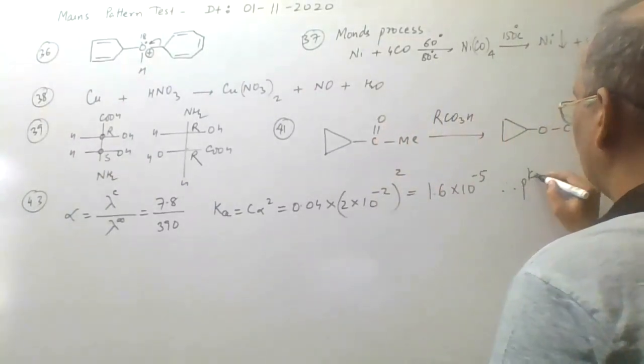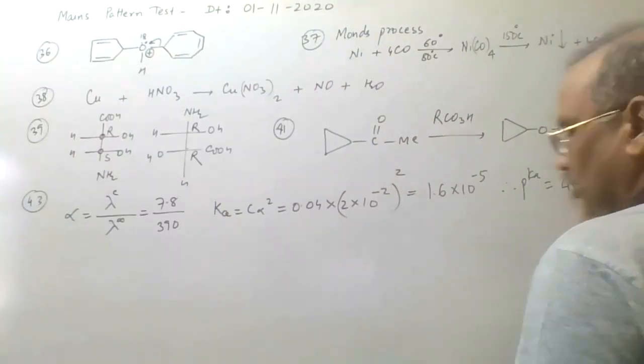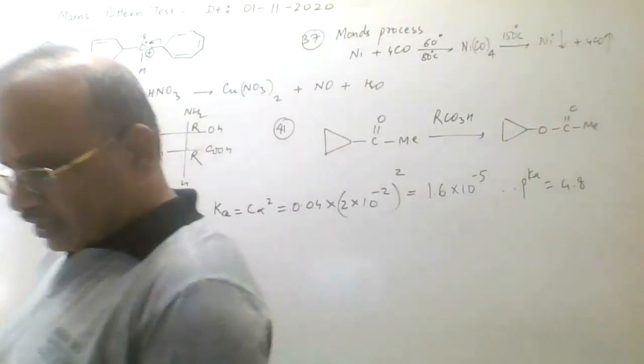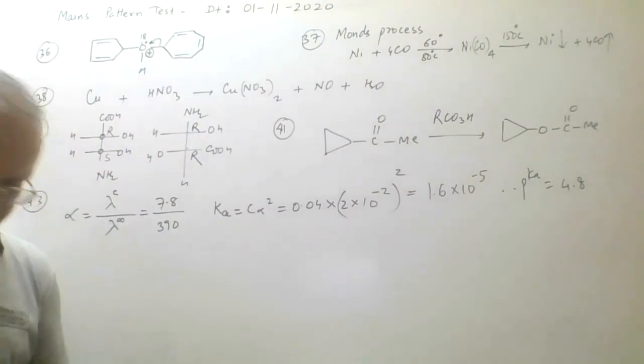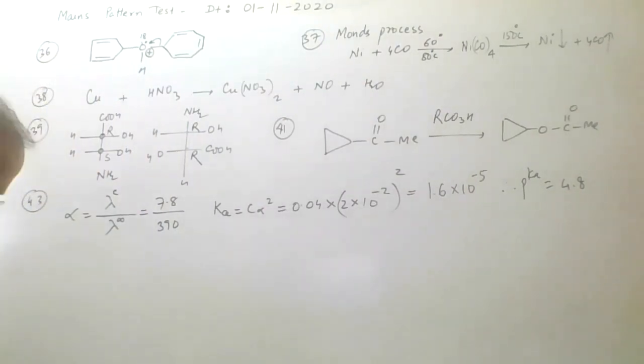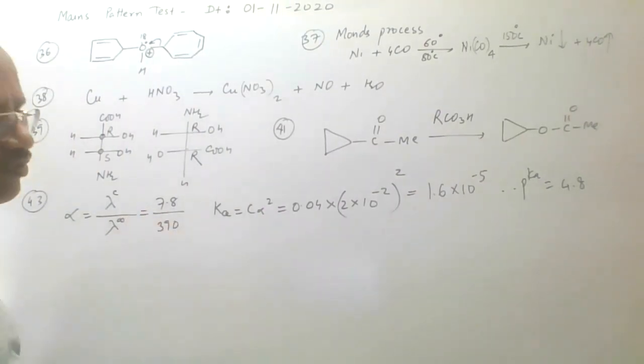Therefore pKa will be equal to 4.8. If pKa is equal to 4.8, we know how to get the pKb for that. So the pKb for the ST type is equal to the pKa for acetic acid.